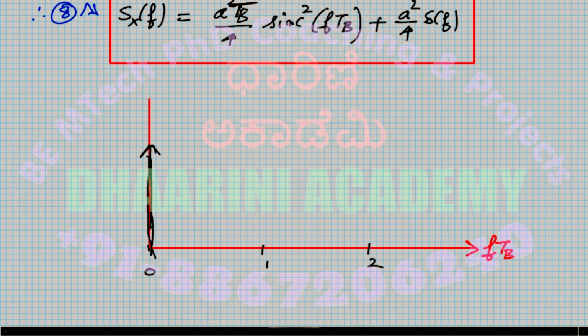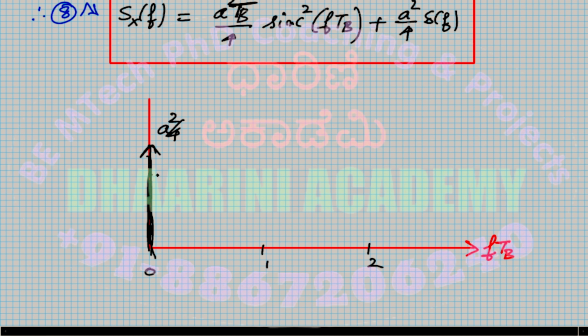So this is the delta function we are writing. It has magnitude A squared by 4, because delta of f is multiplied by that. If it were simply sinc squared, the magnitude would be 1, but it is A squared Tb by 4, so that is where it starts.